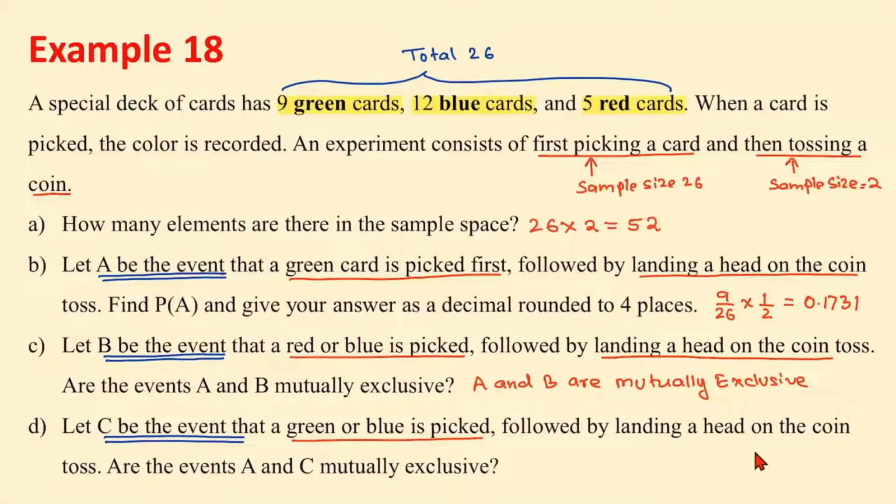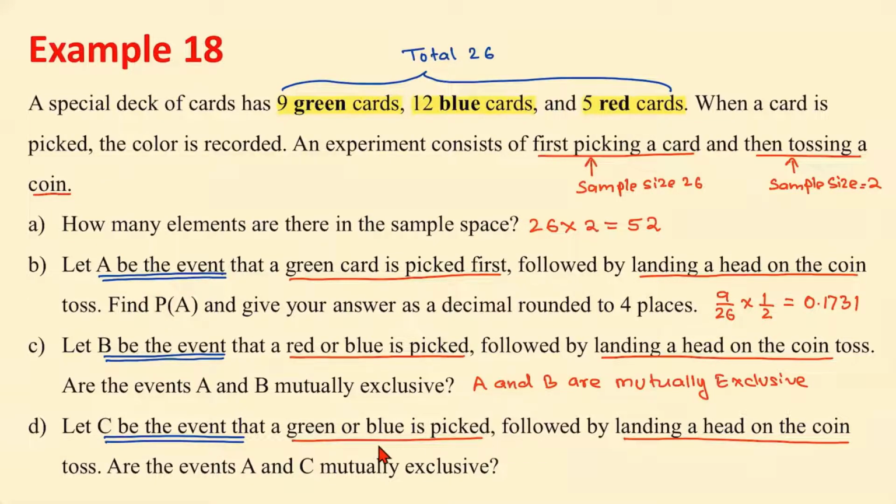Followed by landing head on the coin. So the second part is pretty much the same, landing head on the coin. And the question is, are the events A and C exclusive? When you look at A and C, you can see there is a green, there's also green. So if the green card appears here, green card may appear here also.